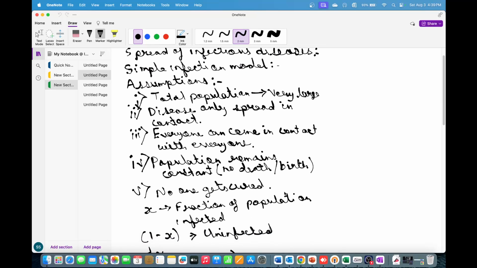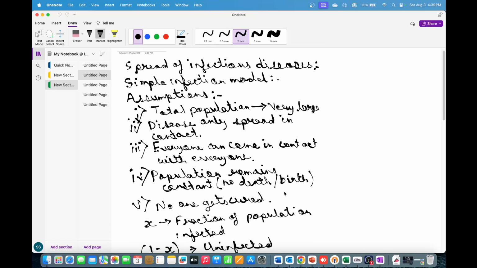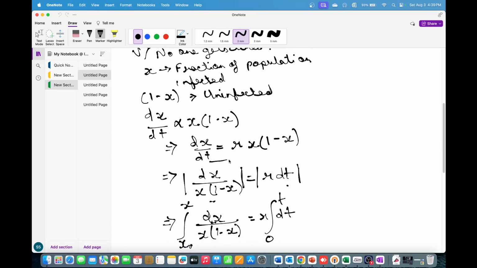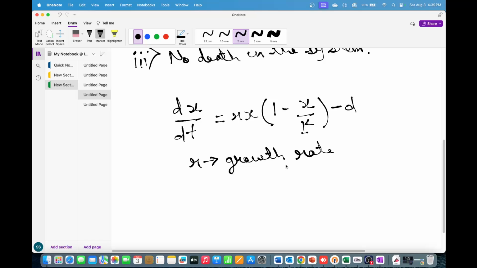This is the spread of infectious diseases that we modeled using certain assumptions, and this was the equation we came to: Rx into 1 minus x. I'll write the infectious diseases equation on this side, Rx into 1 minus x. If you compare the two equations, they are very similar.